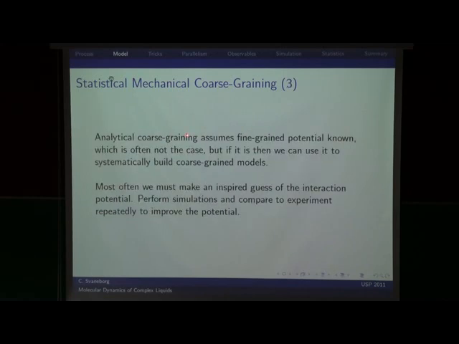So, analytic coarse graining assumes that we already know a fine-grained atomistic representation of the potential. More often than not, this is not the case, but if we do, then we can make a systematic coarse-grained model. And one can actually make a hierarchy of coarse-grained models and work both ways.